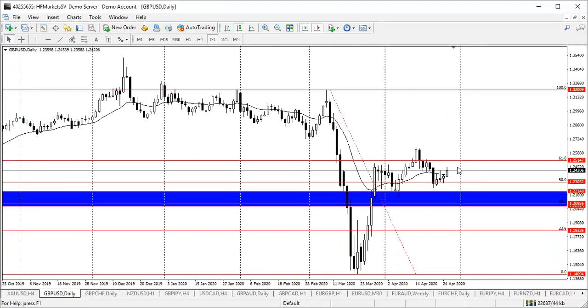H4 is a good time frame, but the key level on H4 cannot be as strong as the key level on D1. That is the only difference. But then you will see trades faster and be able to take more trades. So if you use H4 and I use D1, you will take more trades than I would. Are you following me?